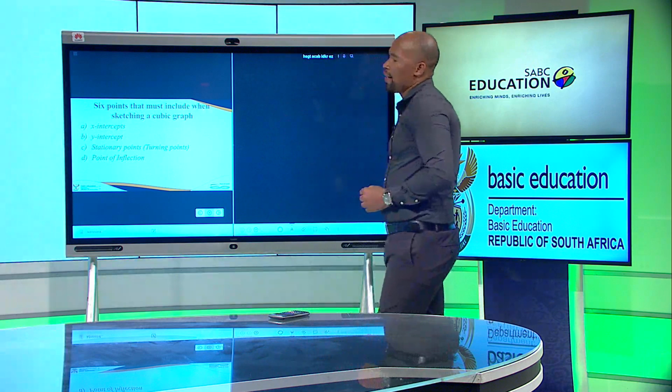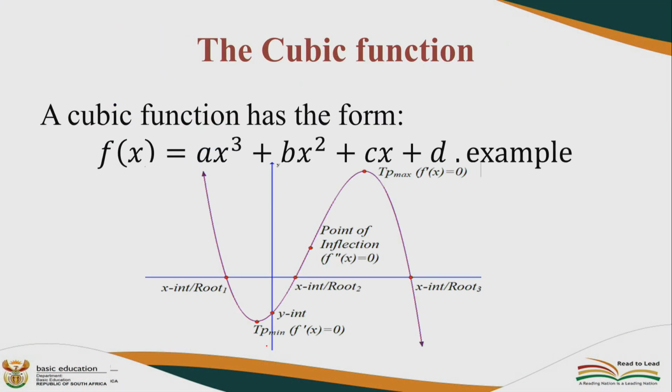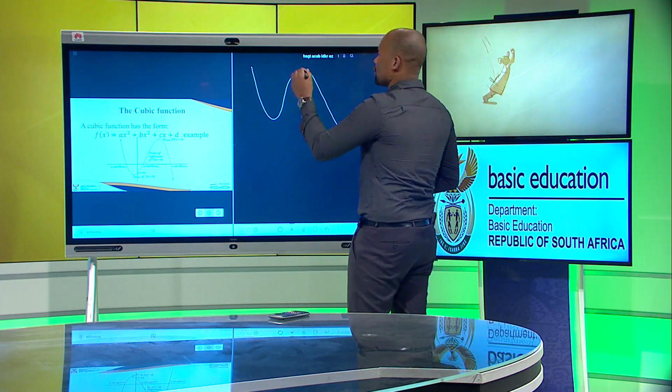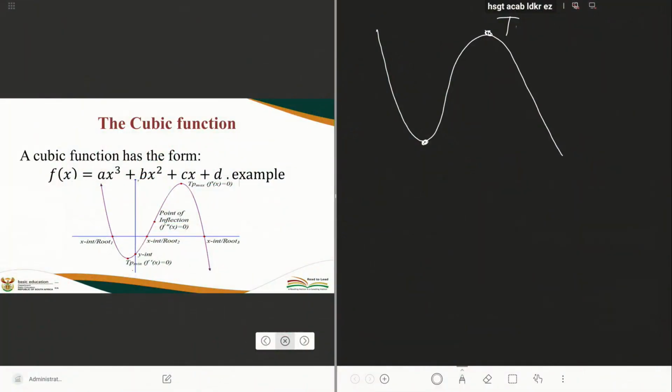There are 6 steps that must be included. So our cubic function is in a graph like this, whereby we need to include the turning points. In our previous lessons, we explained that this is going to be my maximum turning point.